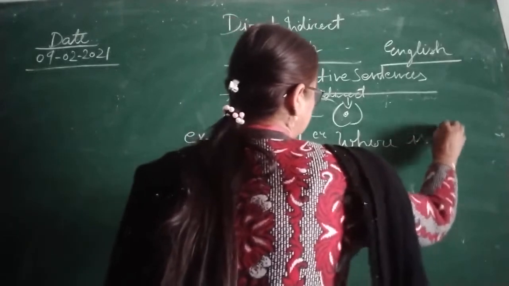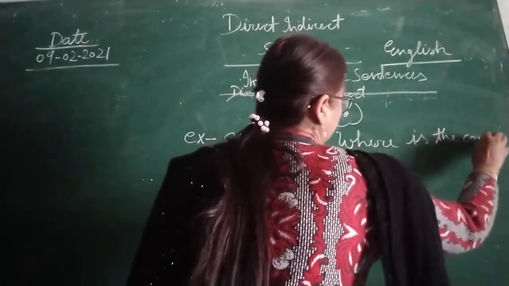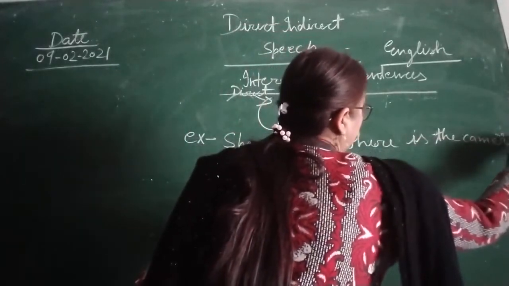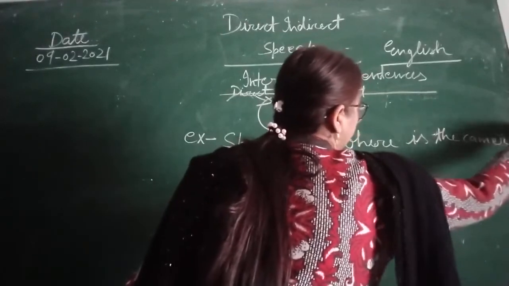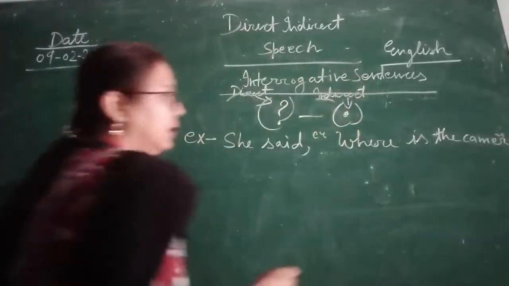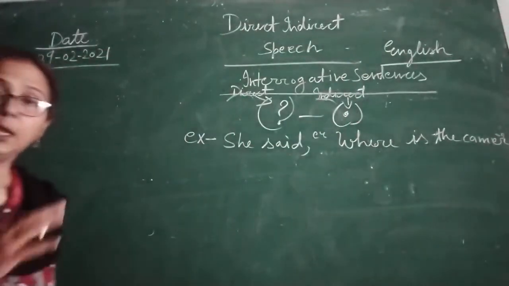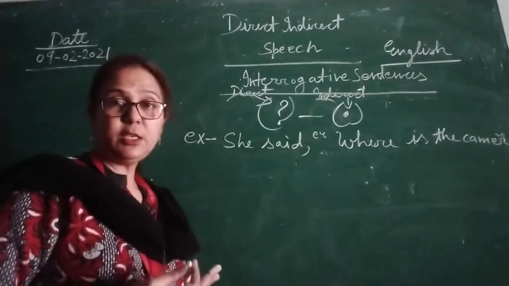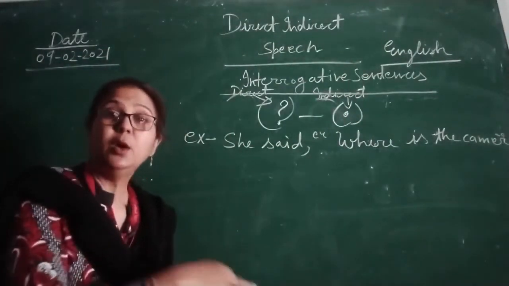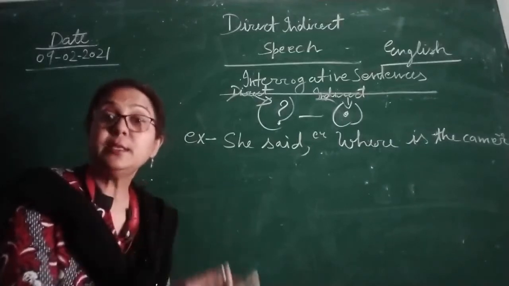Where is the camera? Okay, question mark will be there and inverted comma closed. Now, how will we write it in indirect speech? Where she said, where is the camera?